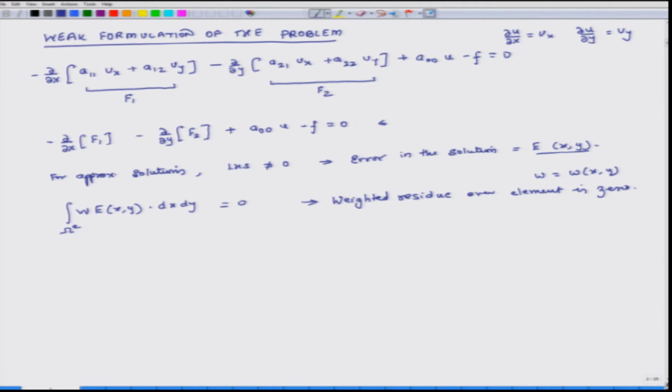In a sense, the error is 0 in an integral sense over the entire element. Let us call this equation A and this equation B. Now, I plug in equation A in equation B.